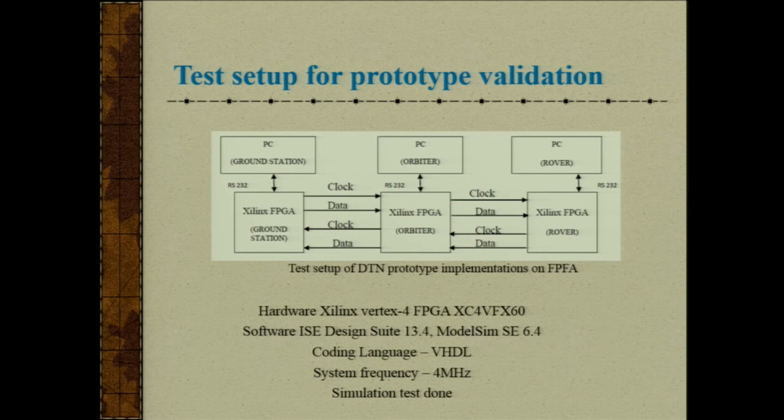The persistent storage is built on RAM blocks in the FPGA, and simulation level testing is done. VHDL is used for coding. System frequency is 4 MHz. Xilinx Virtex-4 is used in the configuration.